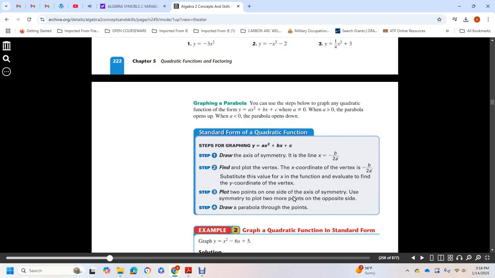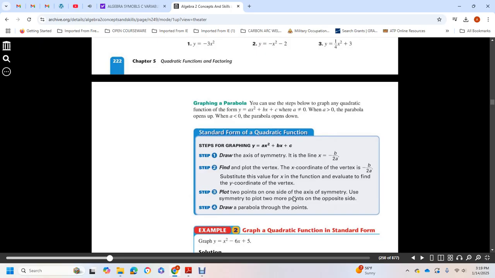Steps for graphing y equals ax squared plus bx plus c. Step 1, draw the axis of symmetry, the line x equals negative b over 2a. Step 2, find and plot the vertex.